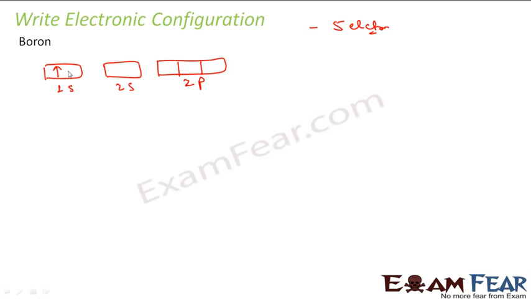First electron will come here. Second will pair up. Third will come to 2s because of the next energy level. Fourth will come here. Fifth electron will come in the 2p orbital, right? Because it is in the order of increasing energy level. This is the orbital representation. I can also write this: 1s has how many electrons? 2 electrons. 2s has how many electrons? 2 electrons. 2p has how many? 1 electron. So this I can write in this fashion also.